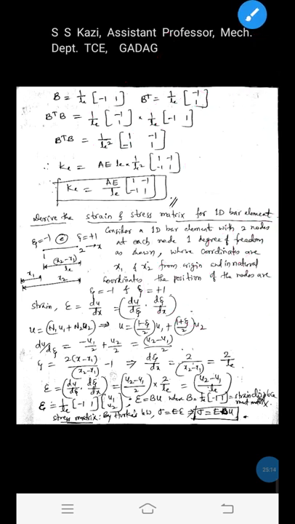Now if you multiply it, first row, first column, minus 1 into minus 1, we will get plus 1. Next, first row, second column, minus 1 into 1, minus 1. Next, second row, first column, 1 into minus 1, we got minus 1. Next, second row, second column, 1 into 1, we got plus 1.